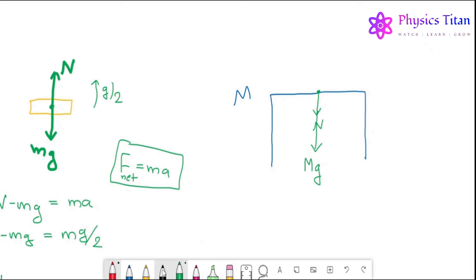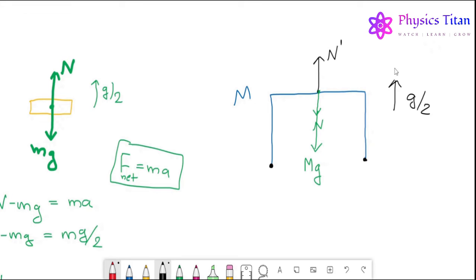Now since the table is accelerating upward with the lift with an acceleration of g by 2 in the upward direction, the floor of the lift, which is in contact with both of these legs of the table, will exert a force called the normal force, which will be the normal force provided by the lift on this table. Let us call it N dash.